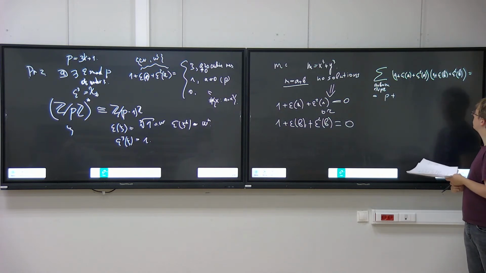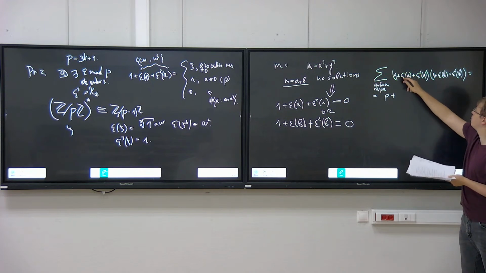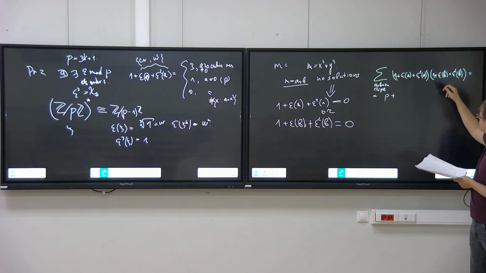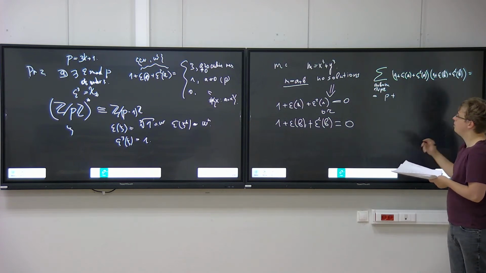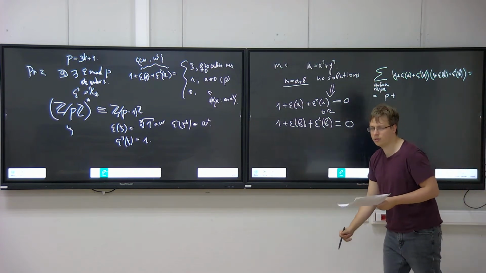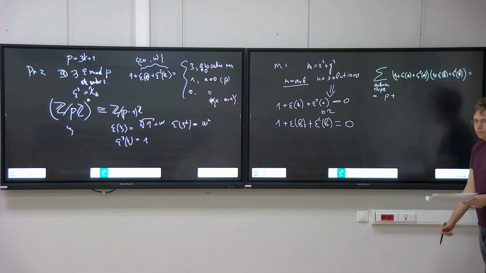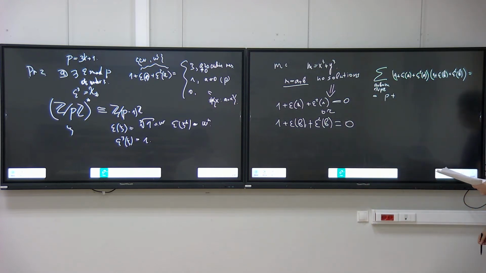Now we have epsilon with epsilon squared. I think we can write it in terms of Jacobi. We have 1 summand which is P, 4 summands which are 0, and 4 summands left, right?